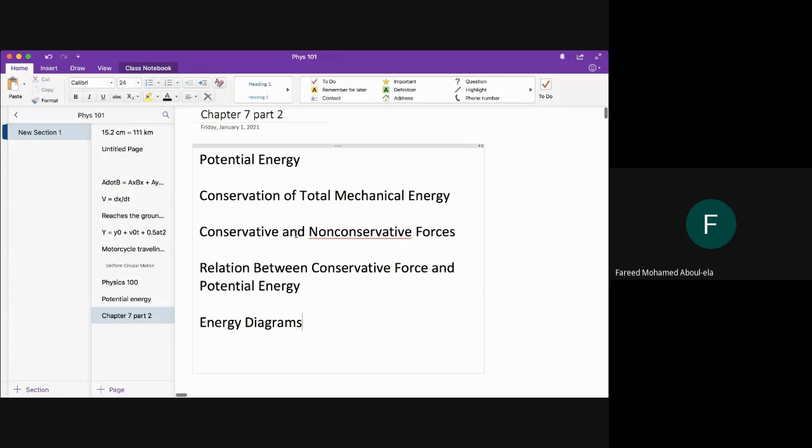And then we're going to see an example of a non-conservative force and how we can deal with a non-conservative force in solving problems. And we'll look at examples of a couple of problems that we'll solve using conservation of energy. And then we're going to look more closely at the relationship between the conservative force and the potential energy.